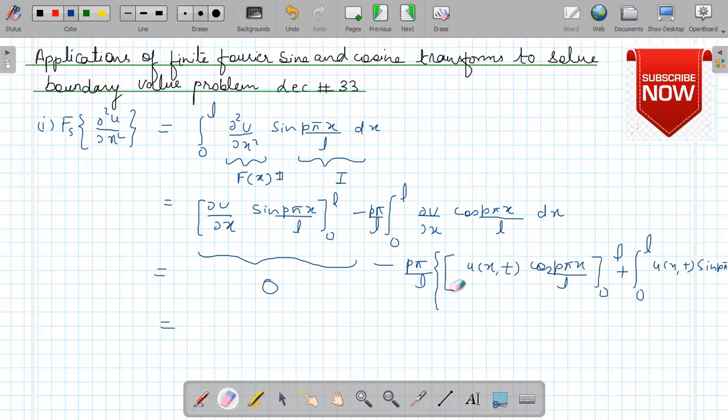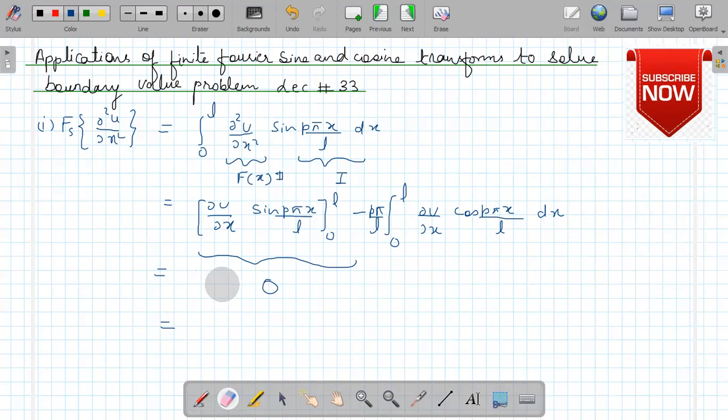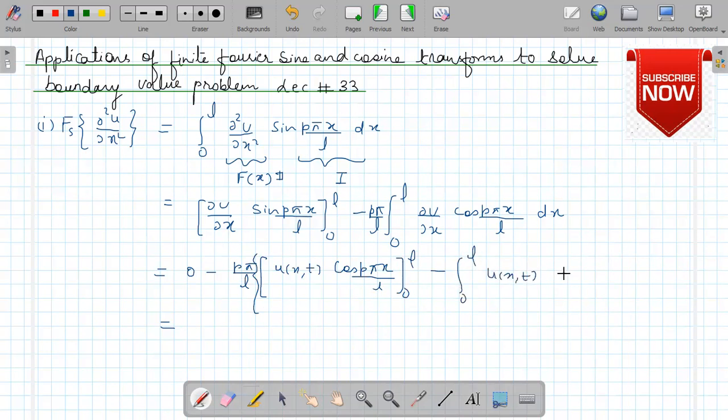Let me write this expression in the next line because it is not coming in this line. So let me write it again. p pi over L u(x, t) cos p pi x over L, minus the integral from 0 to L of u(x, t) sine p pi x over L into p pi over L.